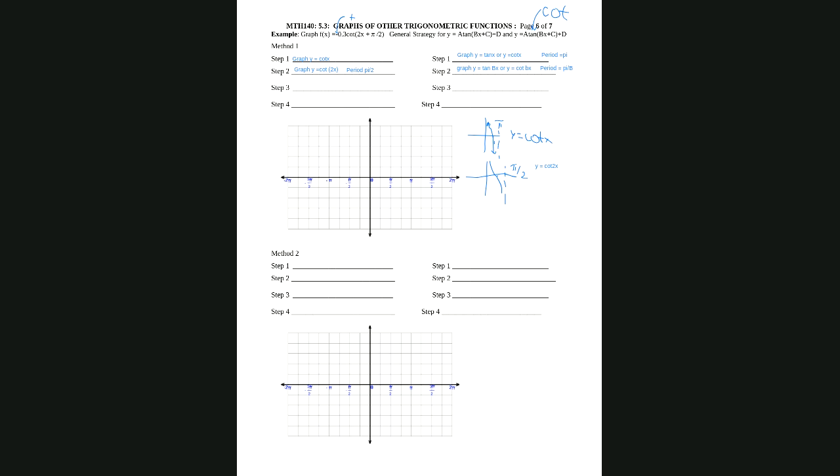Okay, next we're going to throw in the C part. So we're going to graph y equals the tangent in general of bx plus c, or y equals the cotangent of bx plus c. What do you think C is going to do? Any ideas? We're going to graph y equals the cotangent of 2x plus pi over 2.